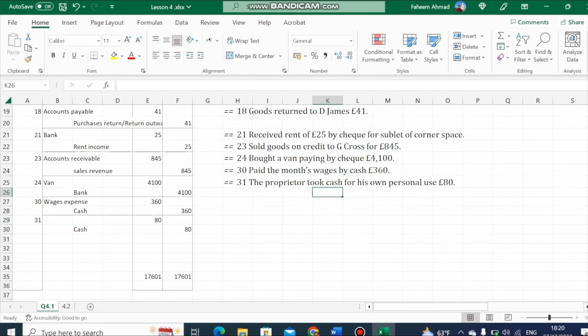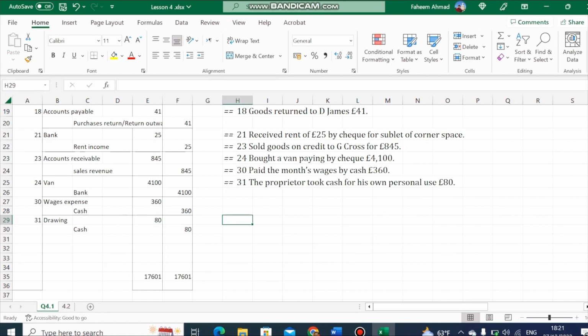And when the owner is withdrawing money for personal use, it means money is going out of business. So we debit drawings. Drawings is opposite to capital. Capital whenever increases, credit. Capital whenever decreases, we do drawings.